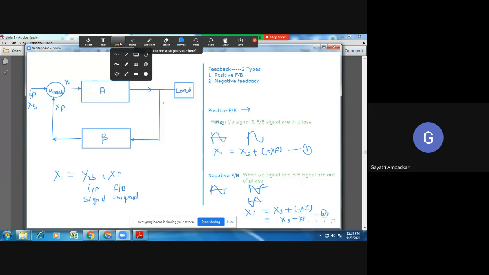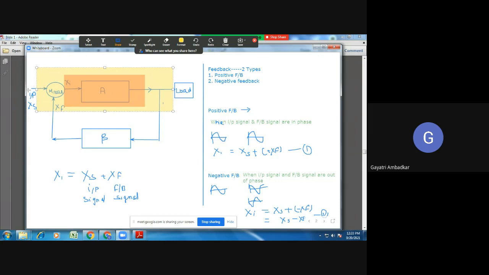Look at the feedback amplifier. When I say XI, it is the amplifier without feedback. Now, when I want to consider amplifier with feedback, my input signal is what? XS.